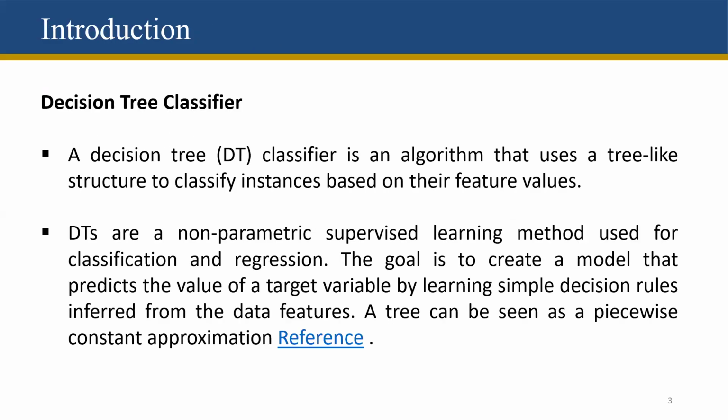So a decision tree classifier is an algorithm that uses a tree-like structure to classify instances based on their feature values. So yes, we would want to maybe classify students into males and females.